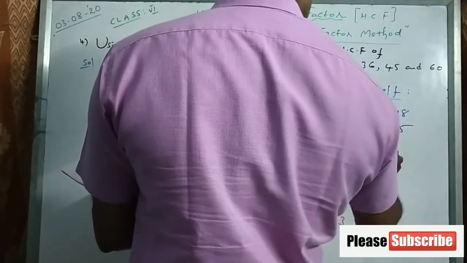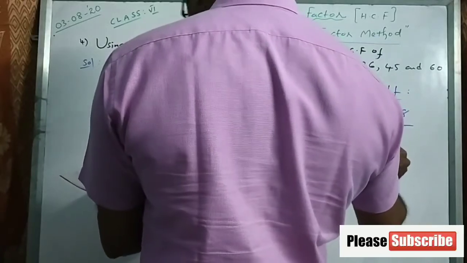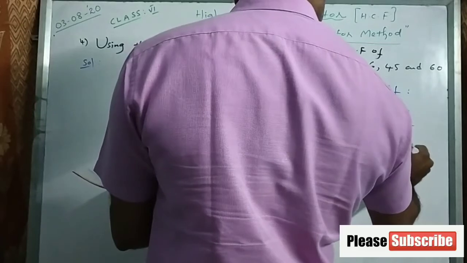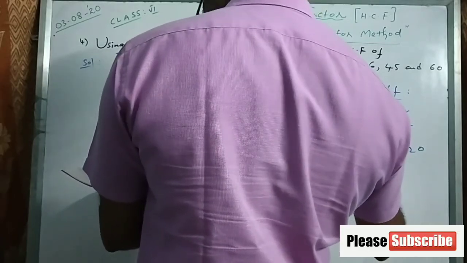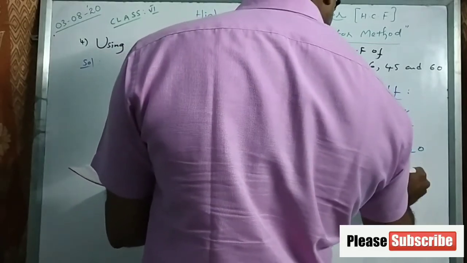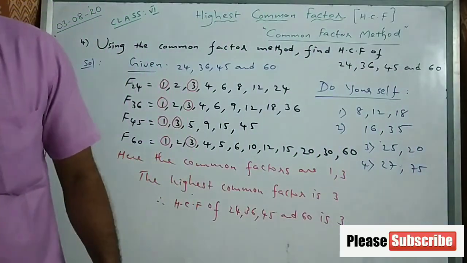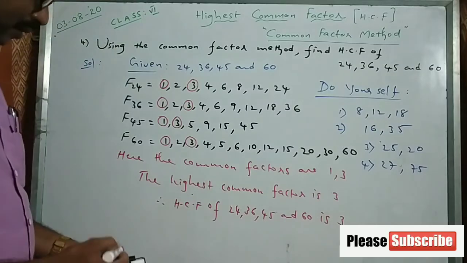If there is no common factor, that will be 1. They are said to be relatively primes or co-primes. 25, 20, 27 and 75. So you try to do those 4 problems yourself, then you can understand the procedure.